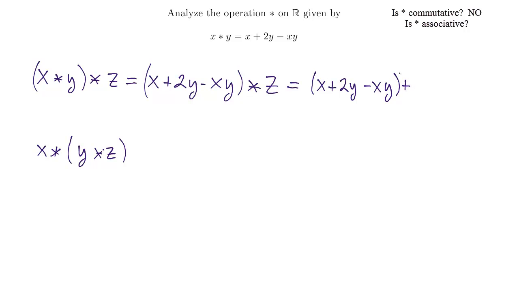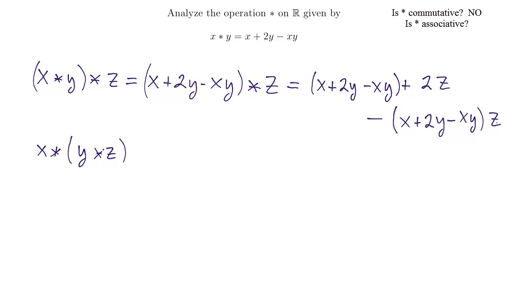You add 2 times the second of the two things that you're starring together. So we're going to add 2z, and then you subtract from that the product of the two things. So in this case, that is x plus 2y minus xy all times z.